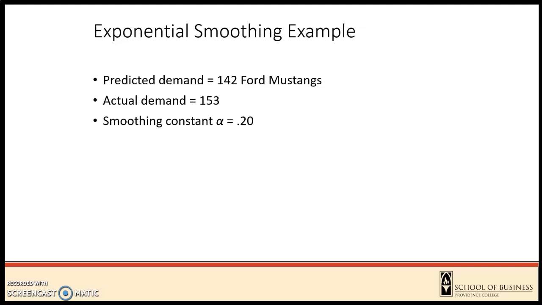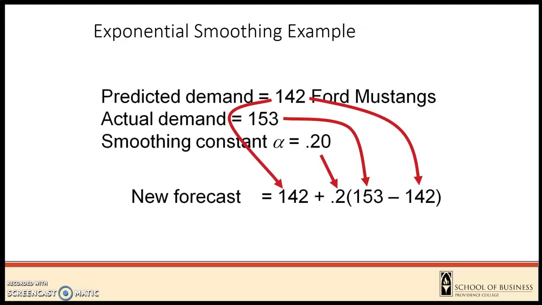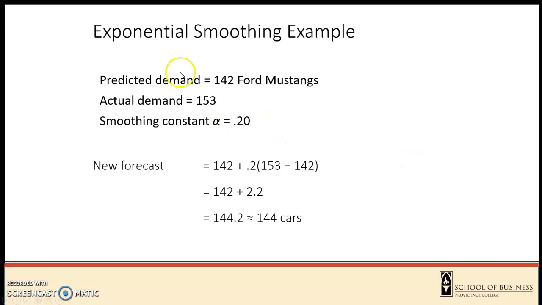So how do I calculate that out? My forecast for the next period is going to be this period's forecast, which was 142. Follow this arrow here and plug that in. Plus our smoothing constant, so our alpha is 0.2, times the actual demand minus the predicted demand. If I take a look at that, I was off by 11.